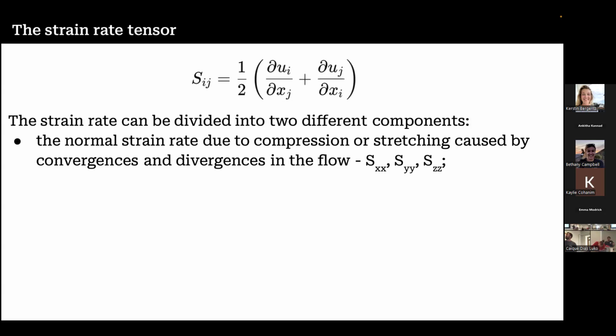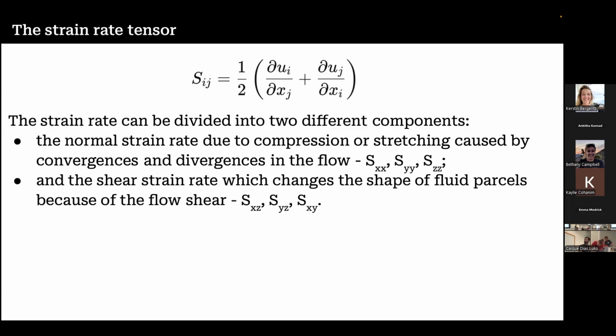And so if we plug the xx in there, S_xx is just going to be half of ∂u_x/∂x plus ∂u_x/∂x. So S_xx is ∂u_x/∂x, and similarly for the other components. And then we have the other component of the strain rate tensor, which is the shear strain. And that's the changes of the fluid shapes because of the flow shear.